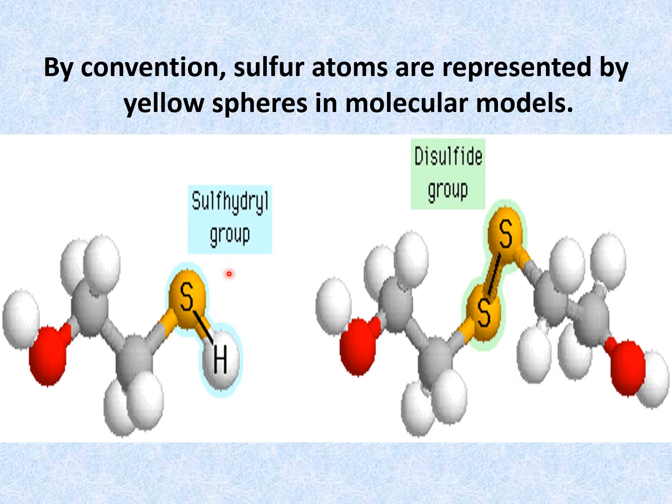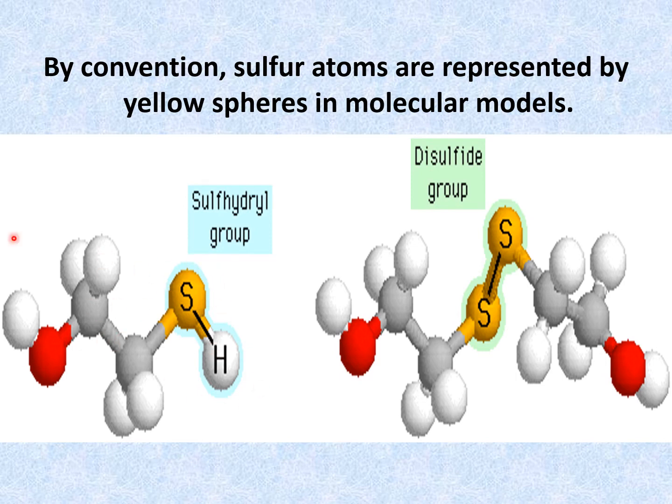Alright, so we have here the molecular structure of the two amino acids. As you can see in this part, this one would be your cysteine, and on the side chain of cysteine is your sulfhydryl group, SH.